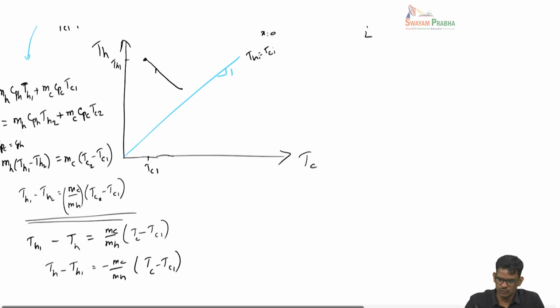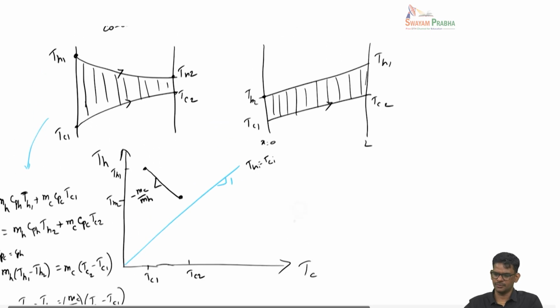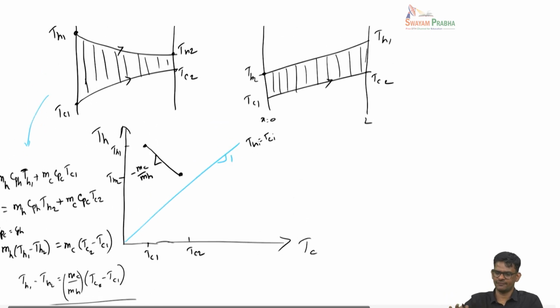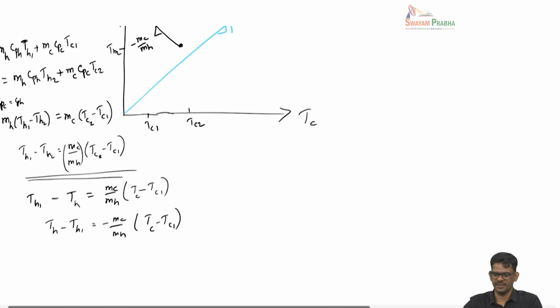So this will have a slope of minus mC by mH, and this would be your TH2 and TC2. Similarly, you can do this for countercurrent also. There is an equilibrium line which is also fixed. For countercurrent, you will see this is a line with a positive slope of mC by mH.